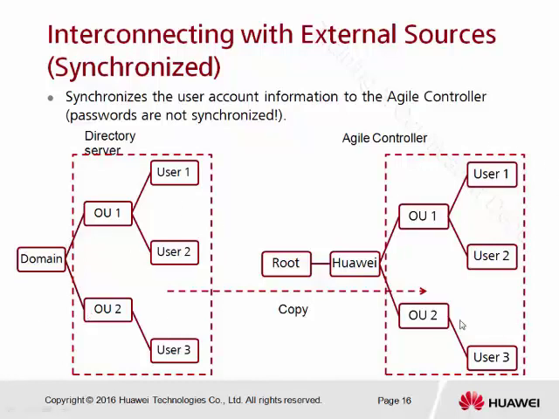You can see all the user group information is the same: OU1 followed by two users, then OU2 has one user inside. For this kind of synchronization, they only synchronize the account, not the password. So when they want to verify whether it's an authorized user or not, they still have to send the identity to the AD server.